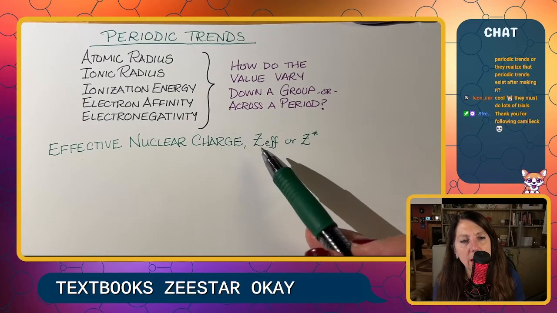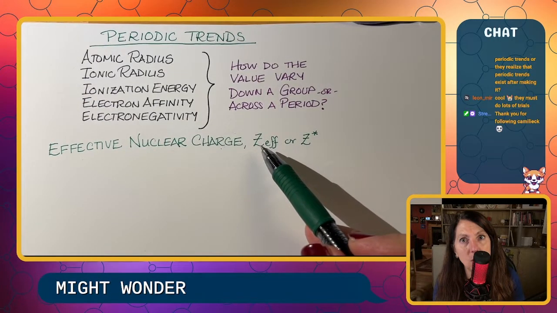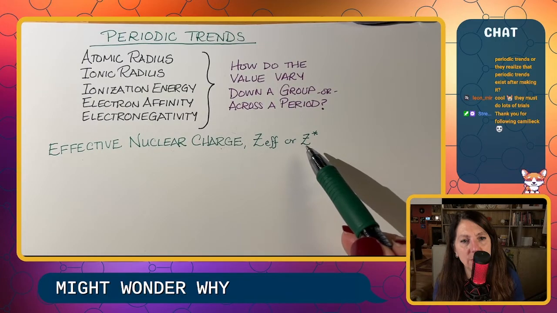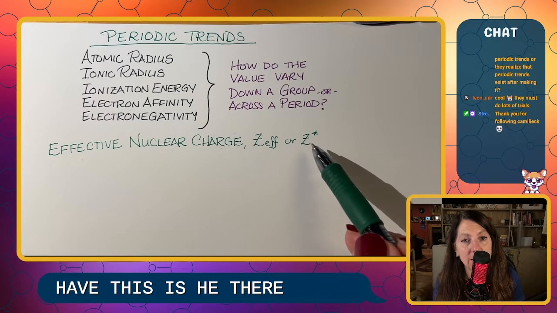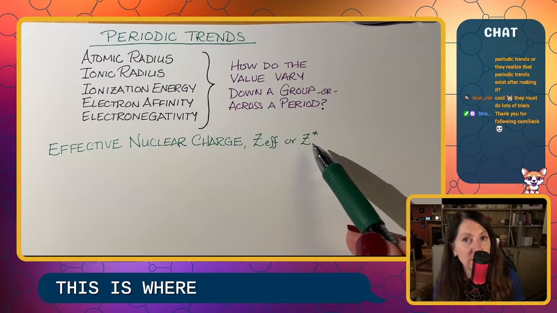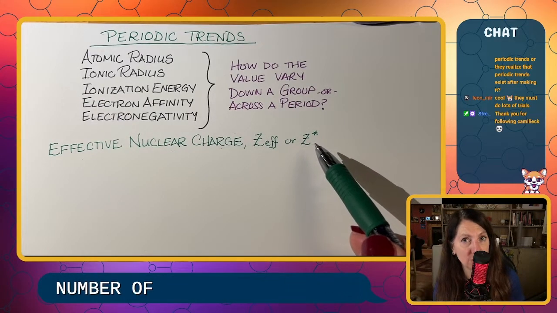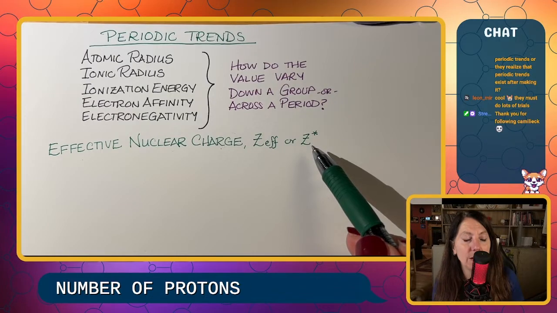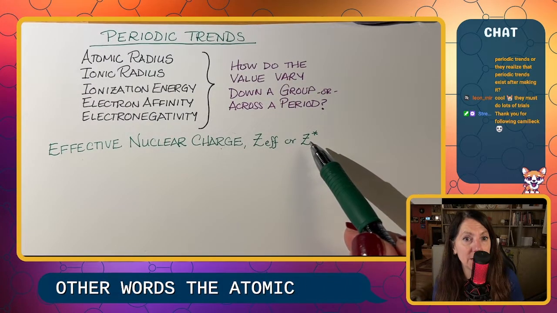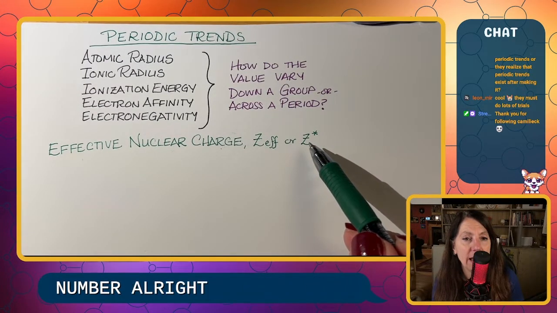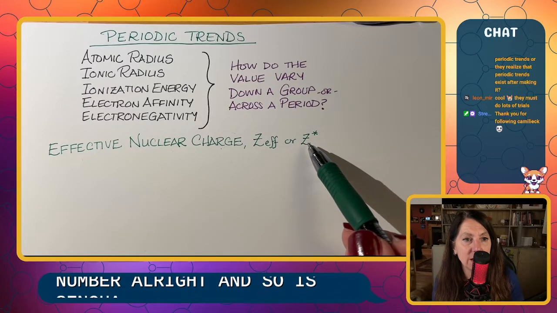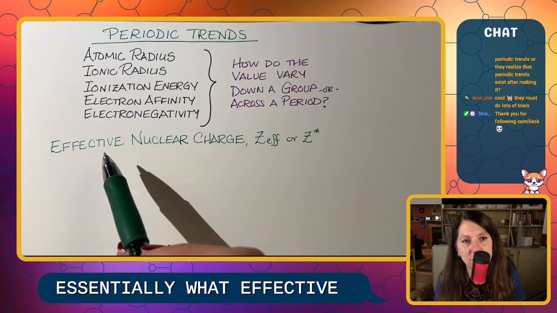And you might wonder, why do they have this Z there? Well, this is referring to the number of protons, in other words, the atomic number.